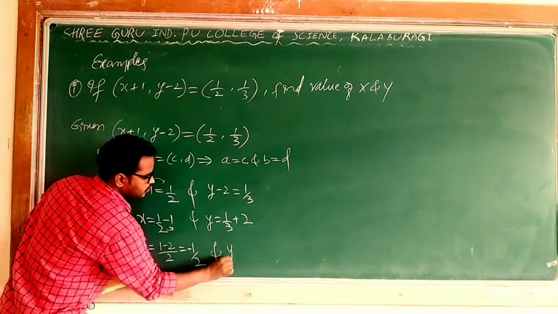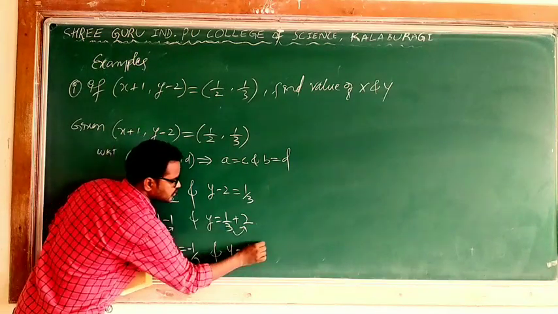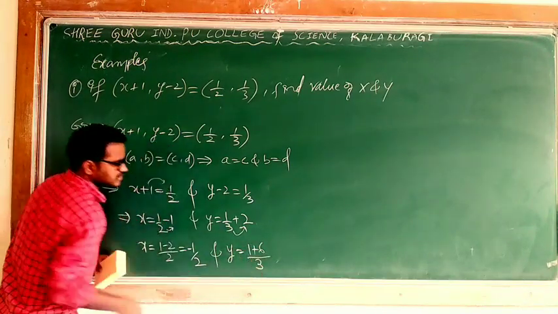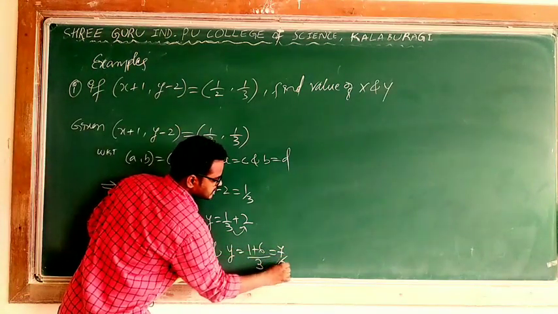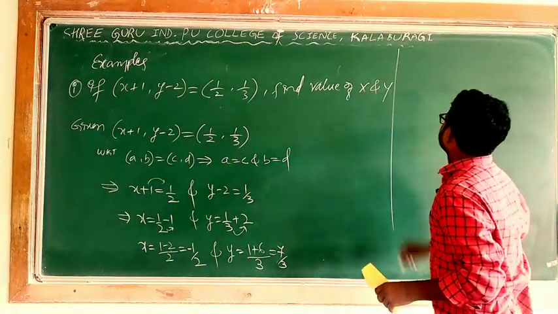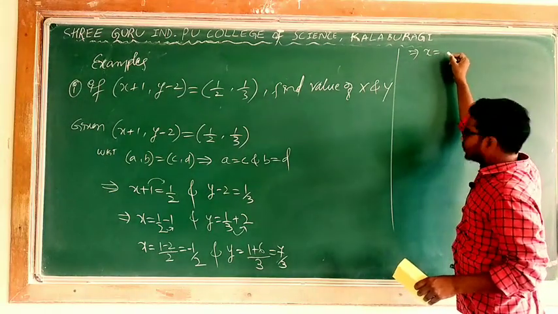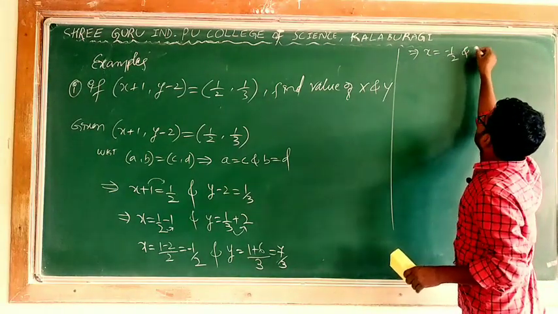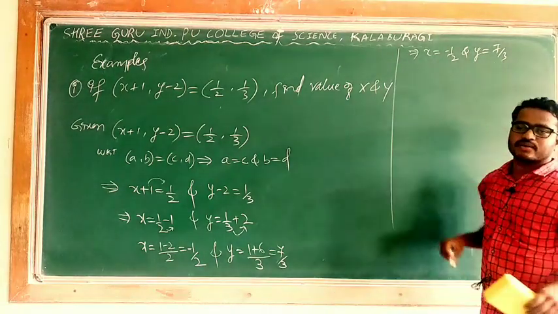And y is equal to, taking the LCM, (1 plus 3 into 2) by 3, 3 into 2 is 6, 6 plus 1 is 7, so 7 by 3. It implies that the required values are x is equal to minus 1 by 2, y is equal to 7 by 3.